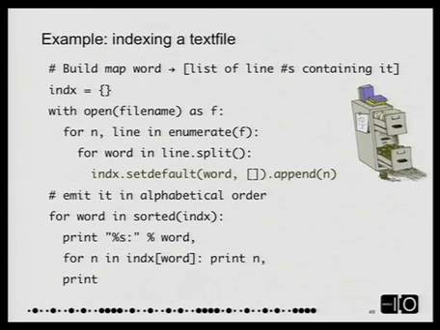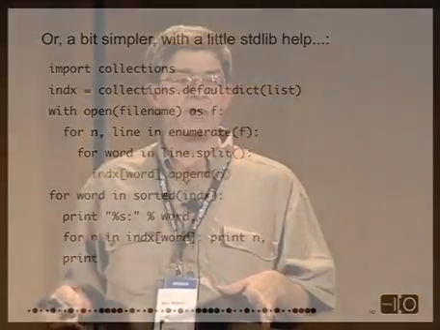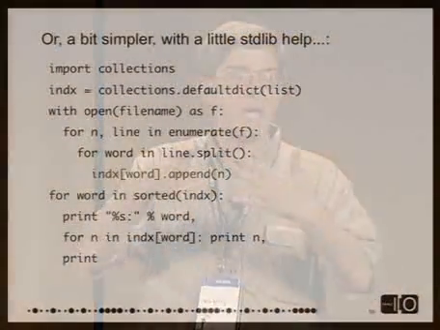We can do it slightly simpler if we're familiar with the standard library, because the collections module has a subtype of dict known as defaultdict. A defaultdict is something that if you try to index it and the key isn't there, instead of raising a key error, calls something to make the new item.